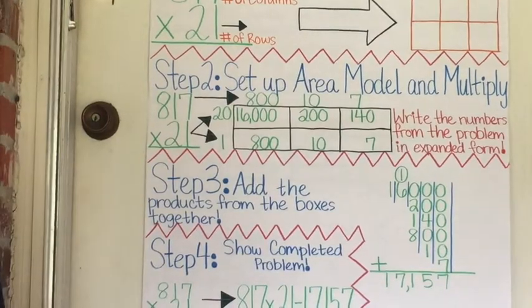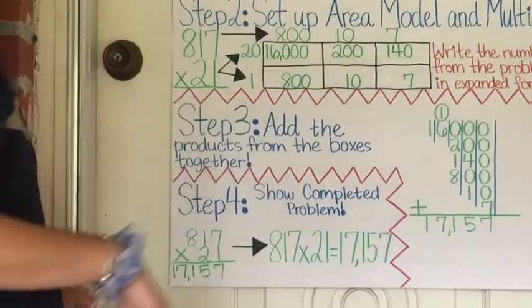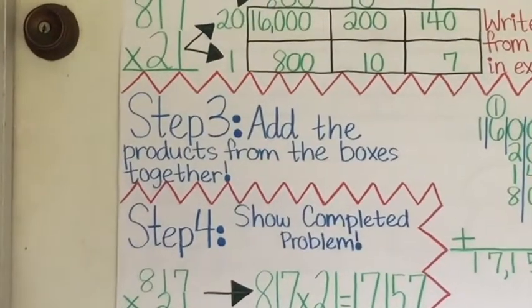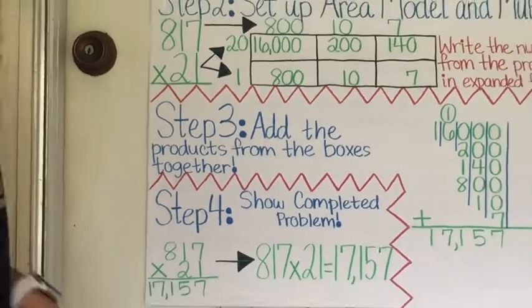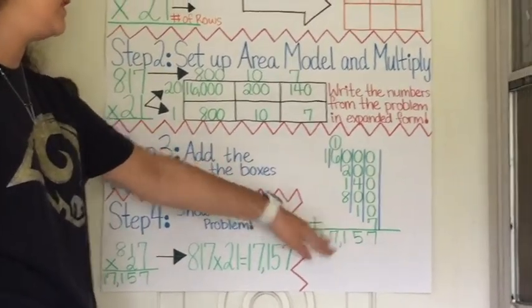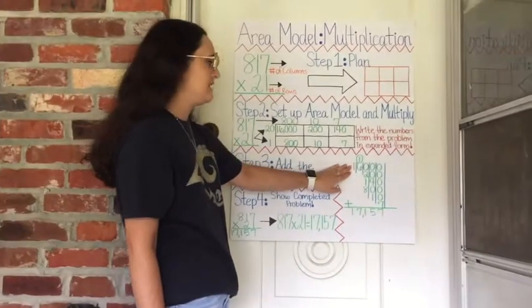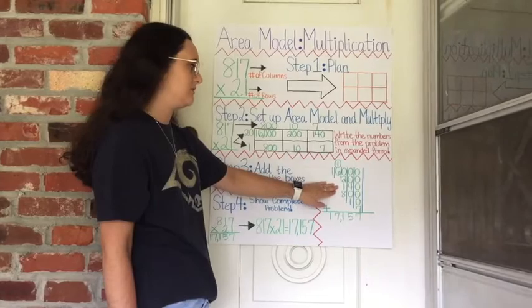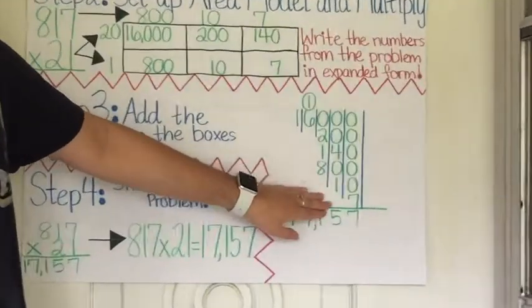Step 3, after you have multiplied all of your products together in your grid, you are going to add the products from the boxes together. So all these numbers over here are the numbers that you have in your grid. We have 16,000 plus 200 plus 140 plus 800 plus 10 plus 7.